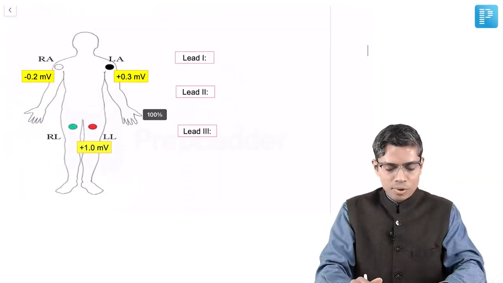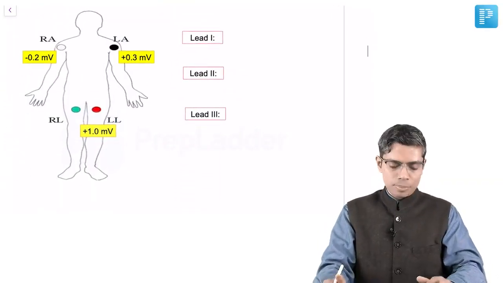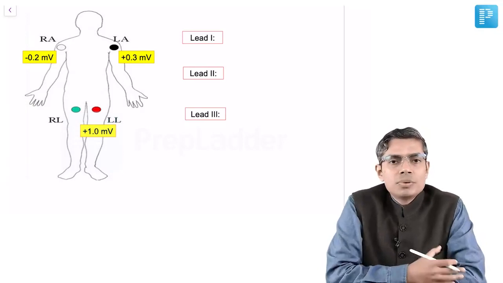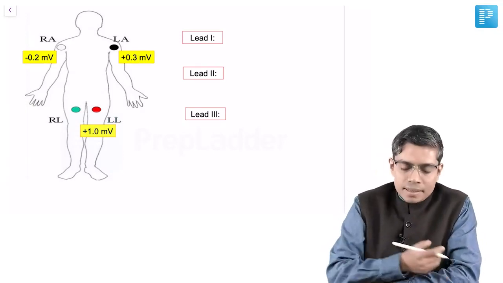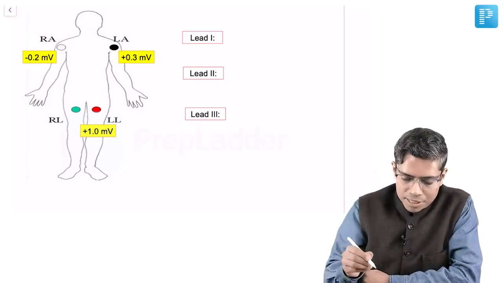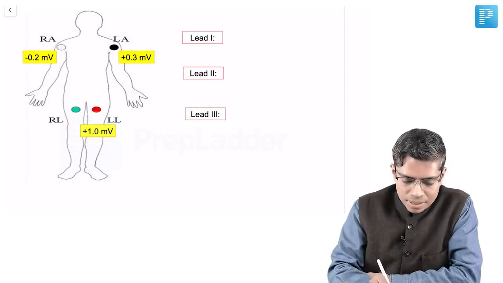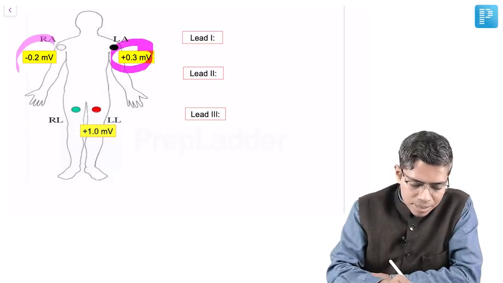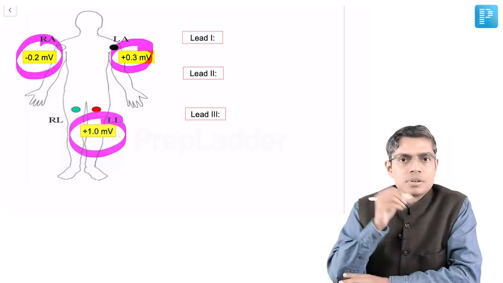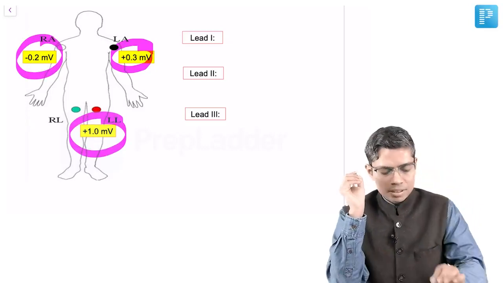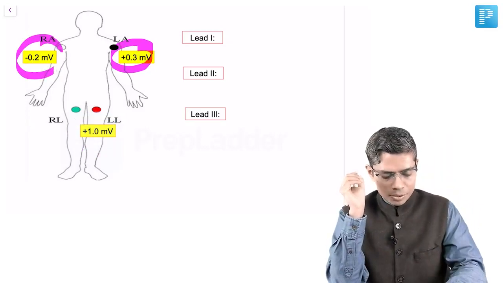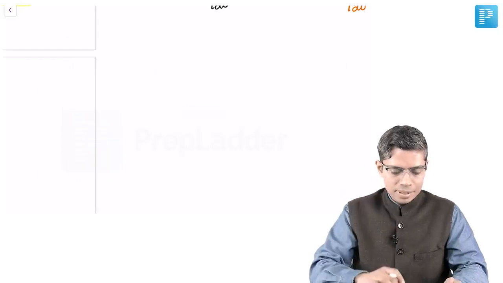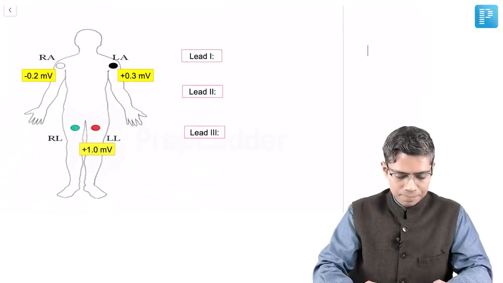Now there is a problem in front of you. Suppose due to depolarization of the heart, certain voltages are developed at the level of the left arm, right arm and left foot. These three voltages are given. Suppose this is an image-based question.